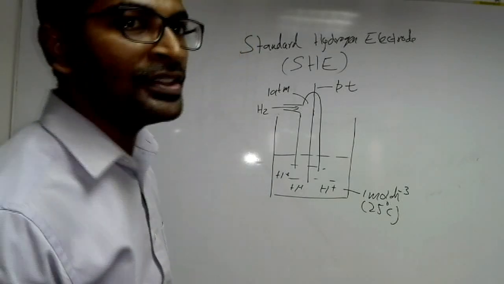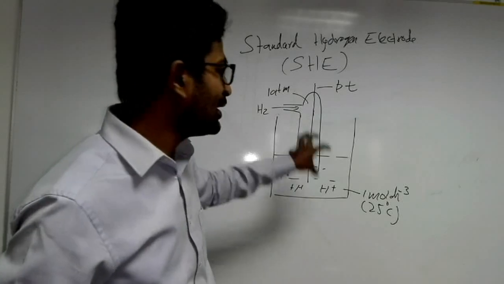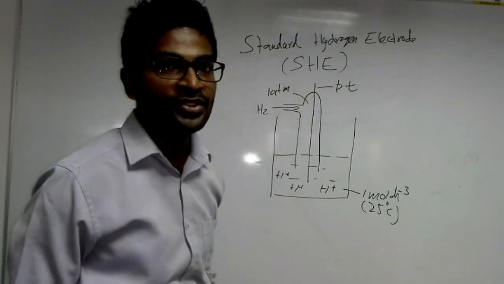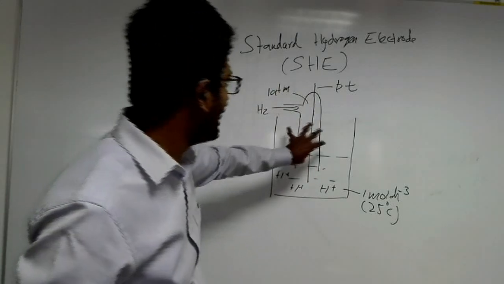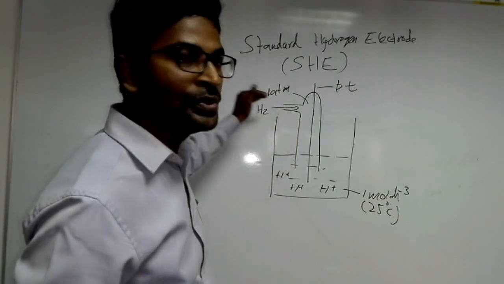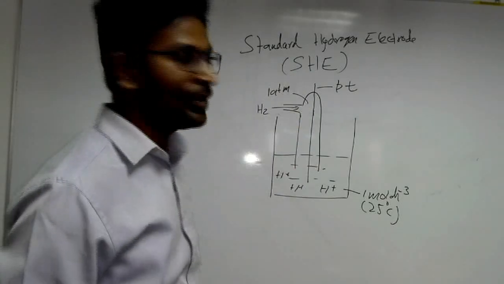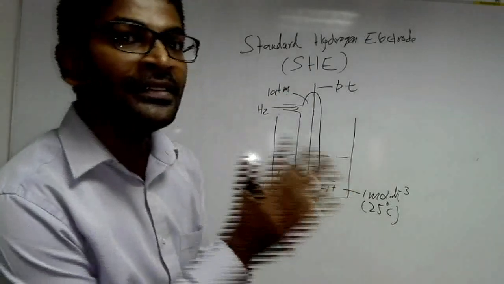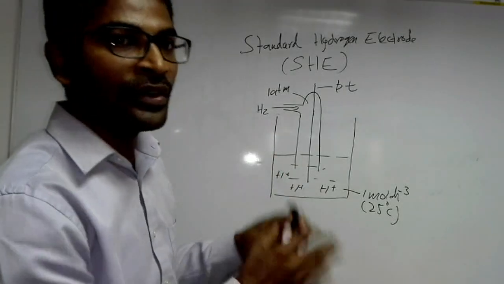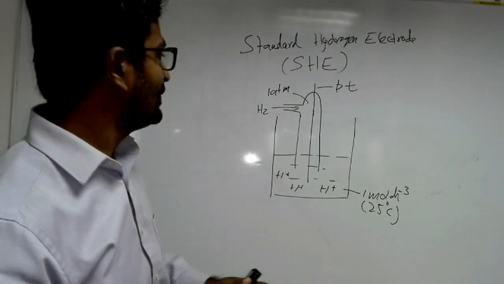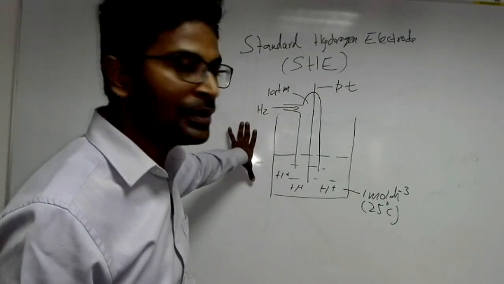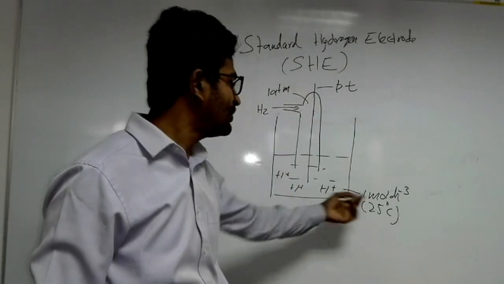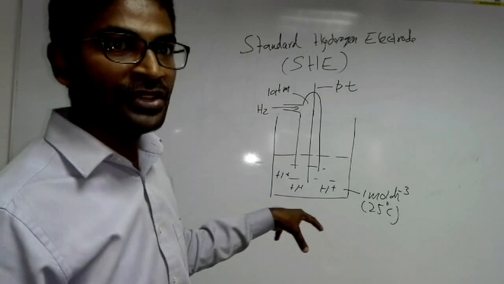In this electrode, we use a 1 mole per cubic decimeter H plus solution and a platinum wire, and we place H2 or hydrogen gas inside this solution, so you have to supply hydrogen into the system. There exists the same type of oxidation and reduction equilibrium as previously. Here the pressure of the hydrogen should be 1 atm and the temperature of the solution should be 25 degrees Celsius. Those are the standard conditions.